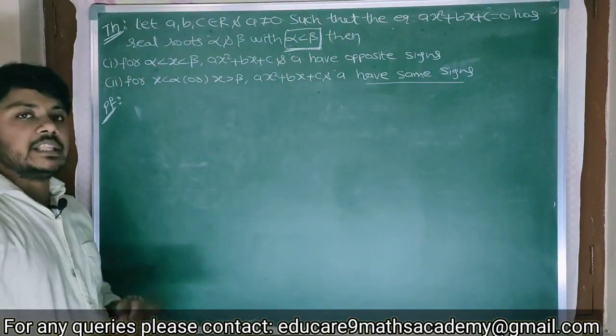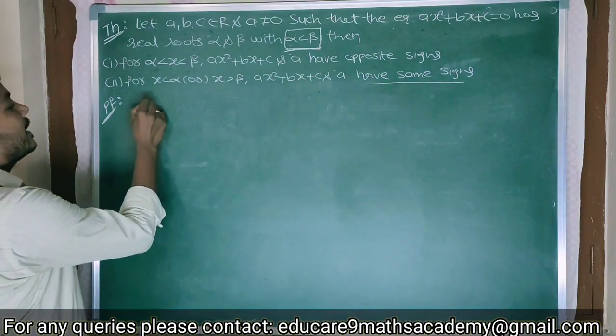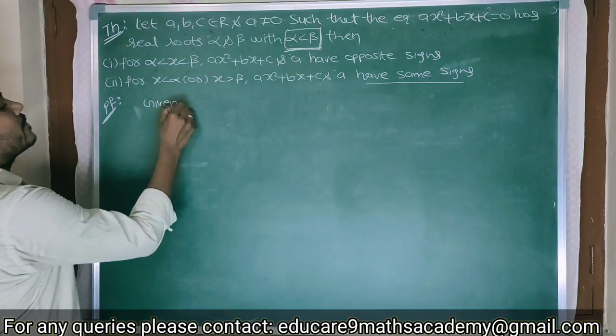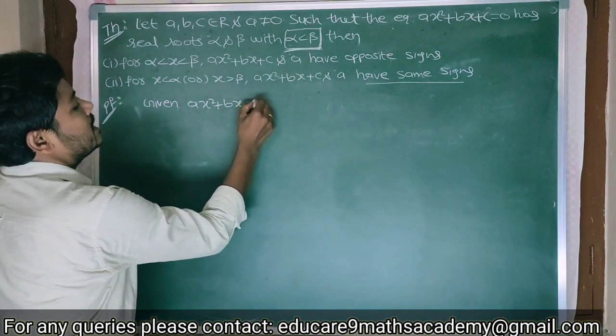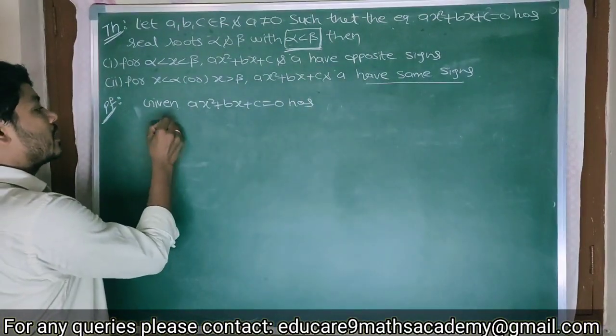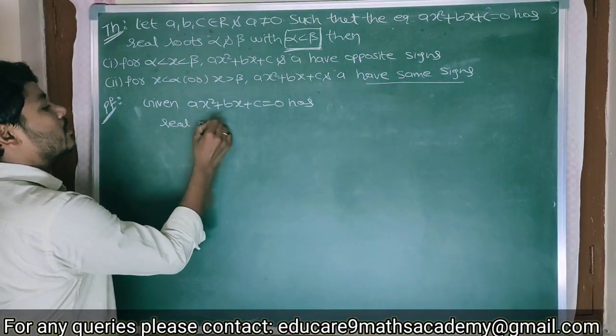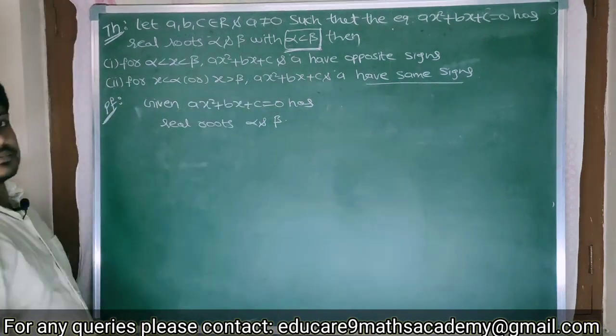Prove this theorem theoretically. Given ax square plus bx plus c equals 0 has real roots alpha and beta.